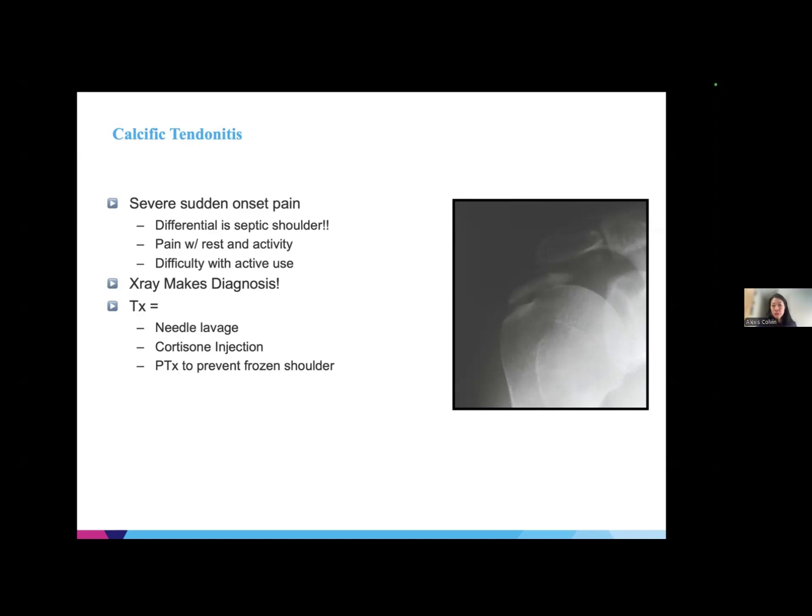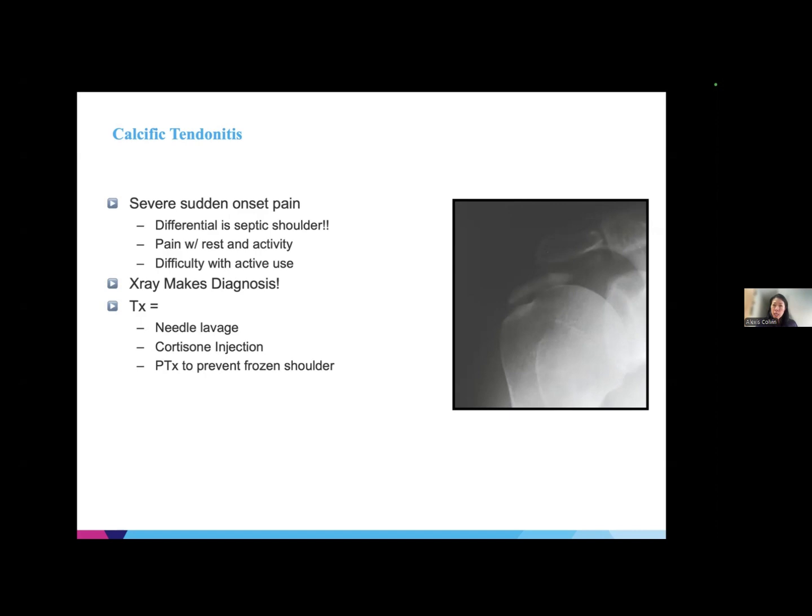In terms of what the treatment is, it's usually not surgery, but it's usually also not just anti-inflammatories. It's usually just much too painful for Advil to take care of it because there is something structural sitting there. So the procedure that they can get done, they can either get it done in radiology or a non-surgical sports medicine doctor can do this. That piece of calcium is very hard, but it can be broken up with a needle.